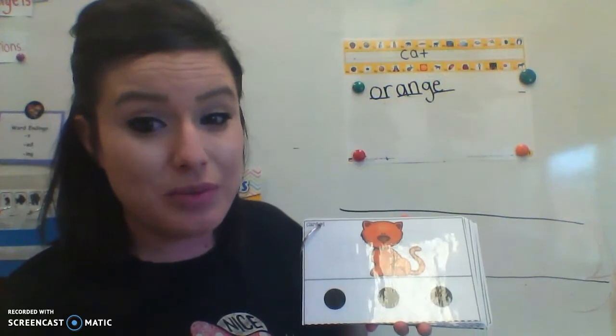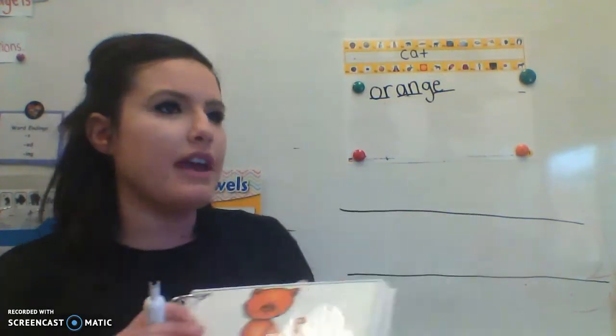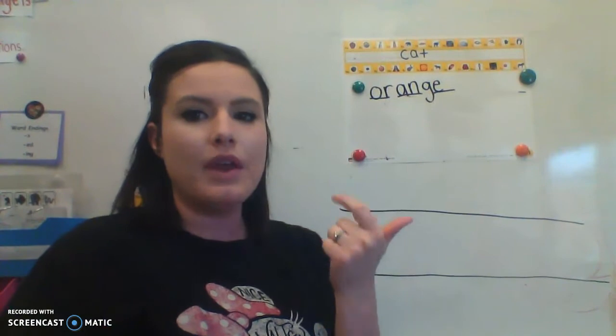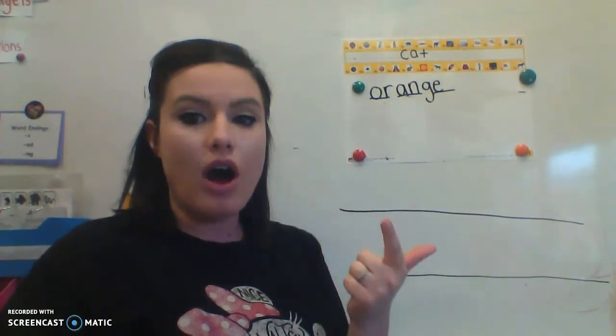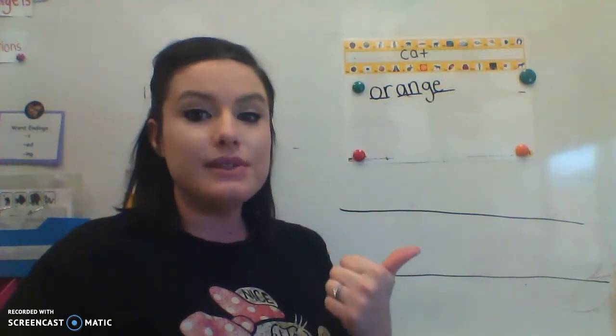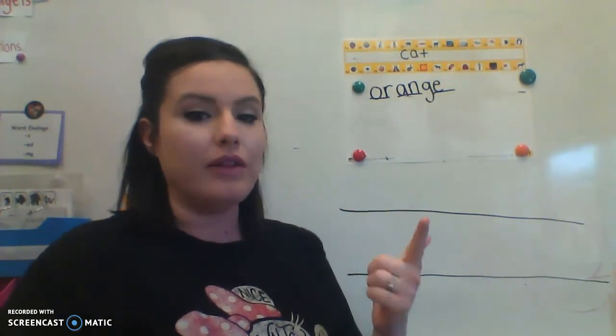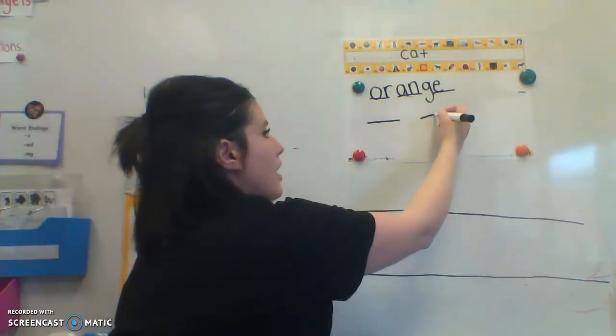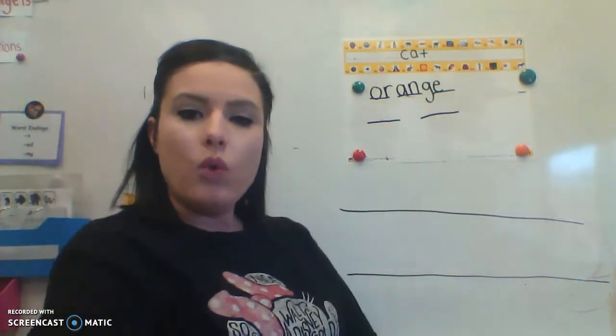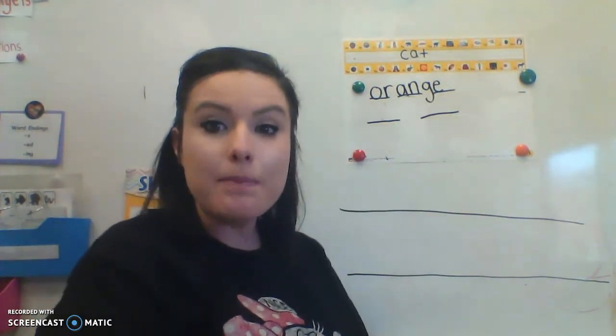Typically, cats are usually pretty small, okay? Let's sound out small together. Small. Oh, 2 sounds. Small. Do it with me. Small. All right, so I'm going to write my 2 lines for my 2 sounds. Sm. All. What sounds do you hear in sm?